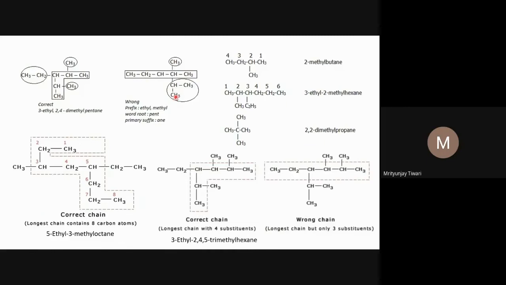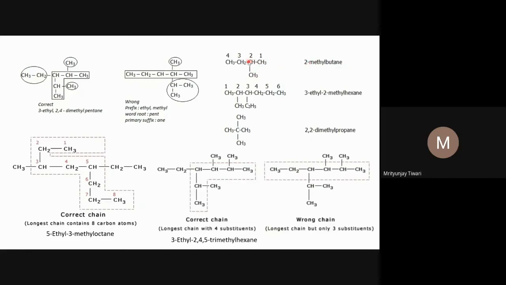So this is one, two, three, four, five, six. The parent chain is hexane and the branching will be at the second and the third position. So 2,3,3-trimethyl, three methyl groups are there as a branch. So this will be the name of this compound: 2,3,3-trimethylhexane.